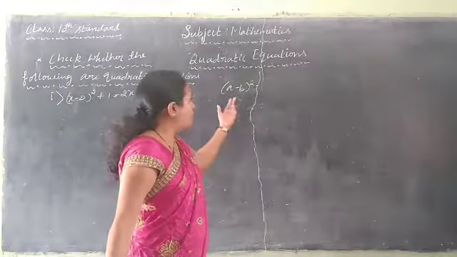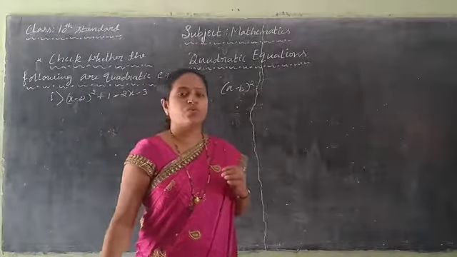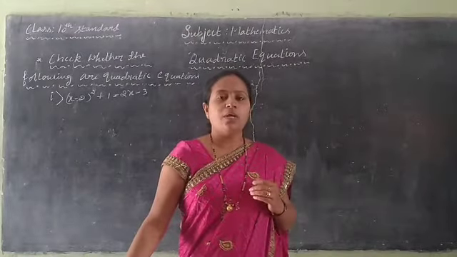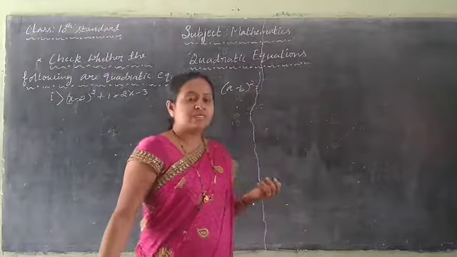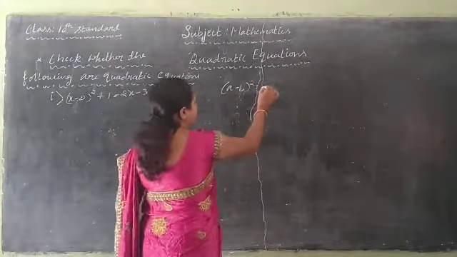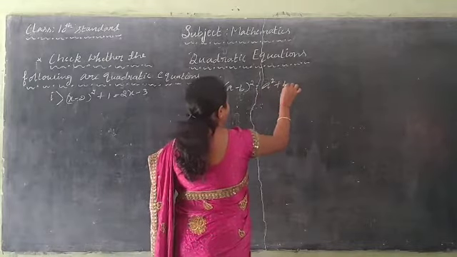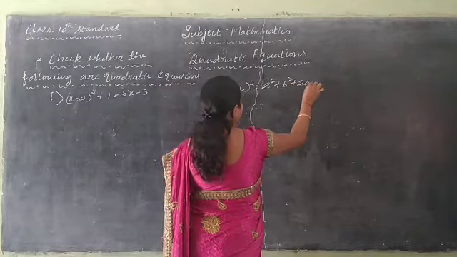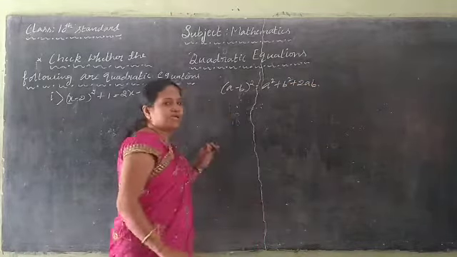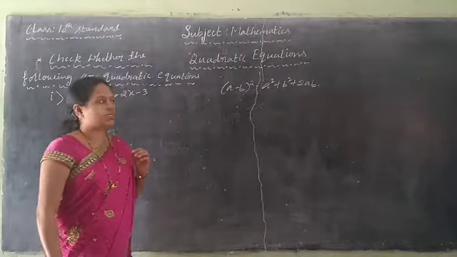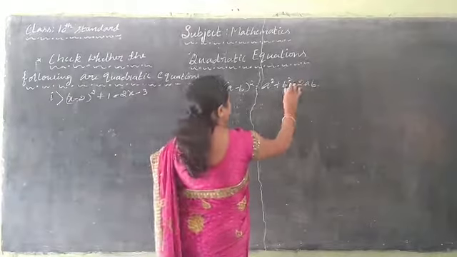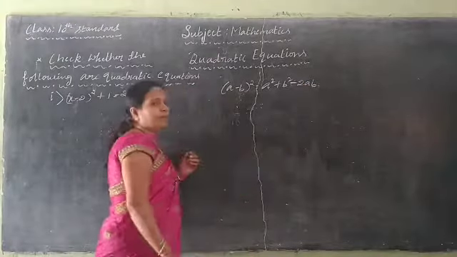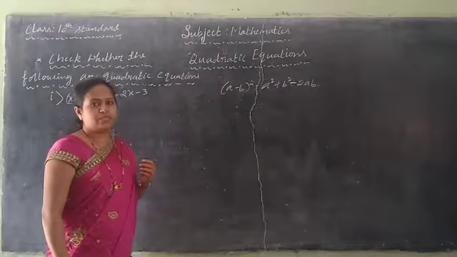Among them a minus b whole square is one of the identities. The expansion of a minus b whole square is a square plus b square, sorry, minus is there, so it will be a square plus b square minus 2ab.